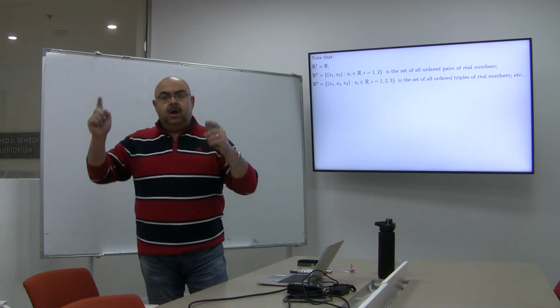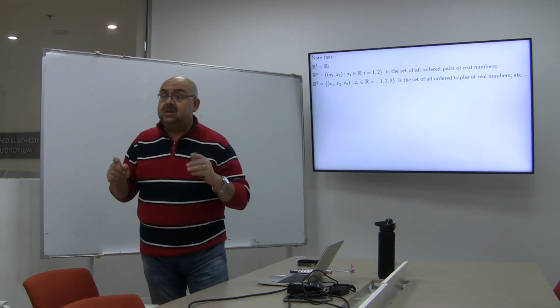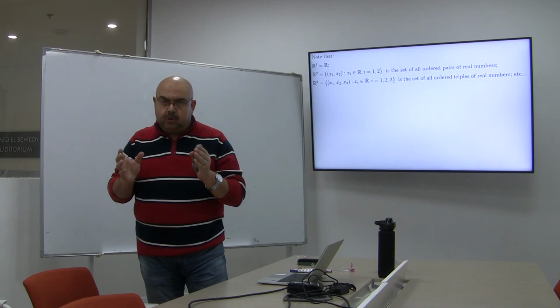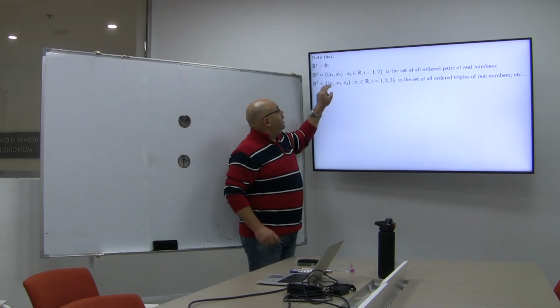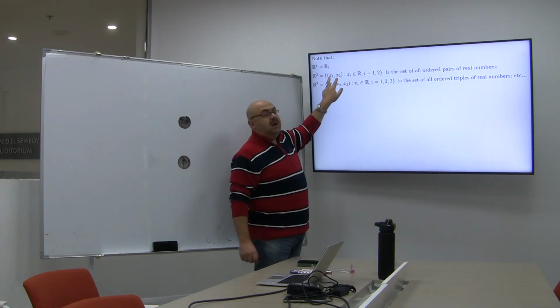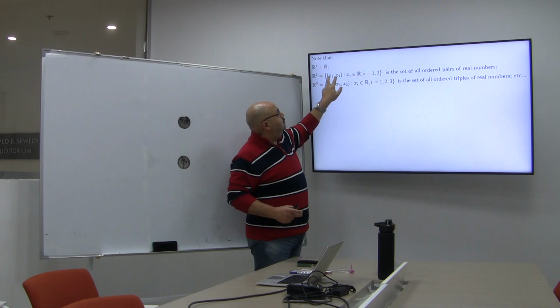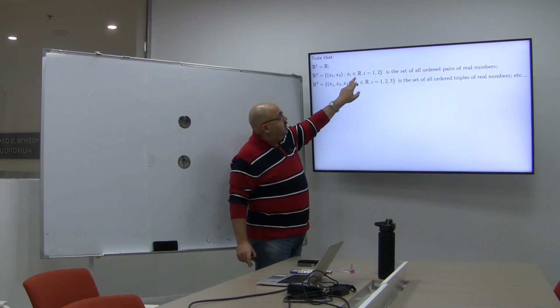So I want you to write the parentheses of the sets, and how to identify a vector by its coordinates. In such a case, we are defining that R2 contains 2 coordinates, x1 and x2, such that both of them, x1 and x2, or x and y, belong to the set of real numbers.